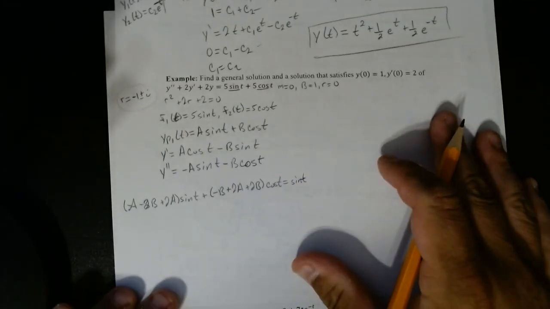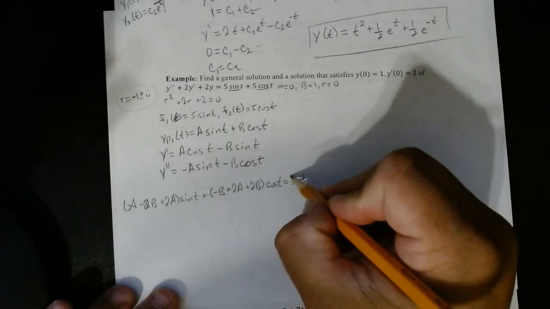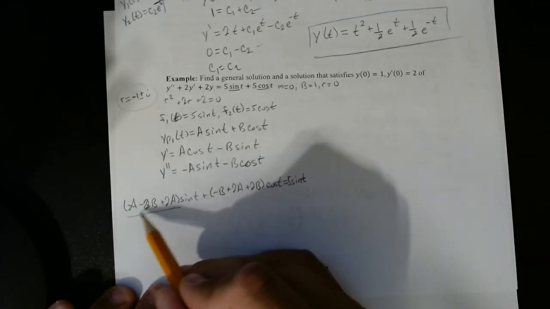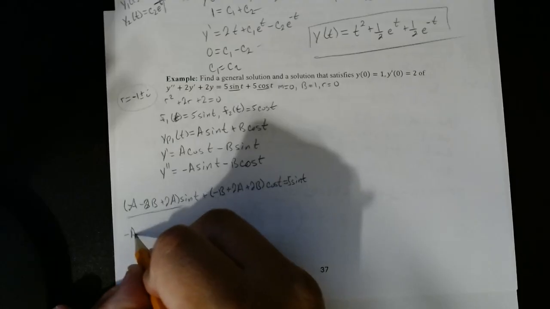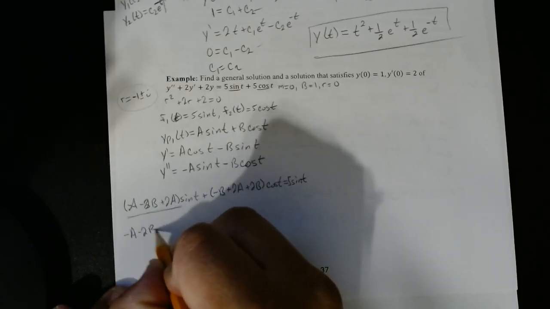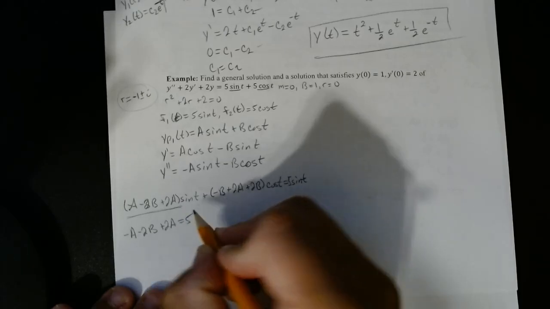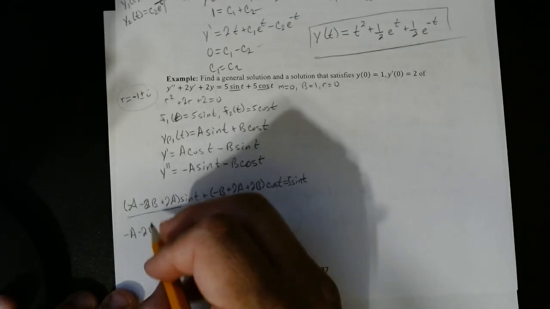Now at this point, because there's a 5 in front of the cosine, all of this becomes equal to 5, and this equals 0. I could put this together, but I'll just write it down for now. And then these put together just become b.